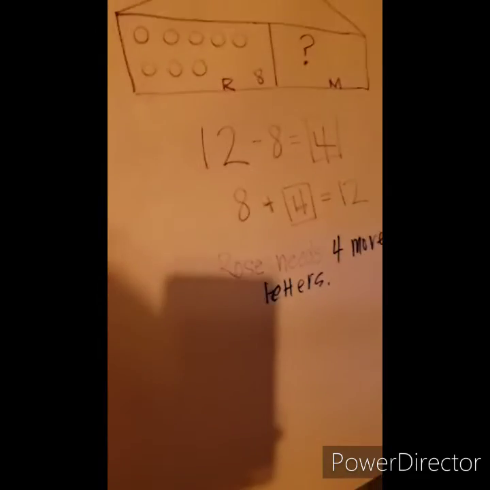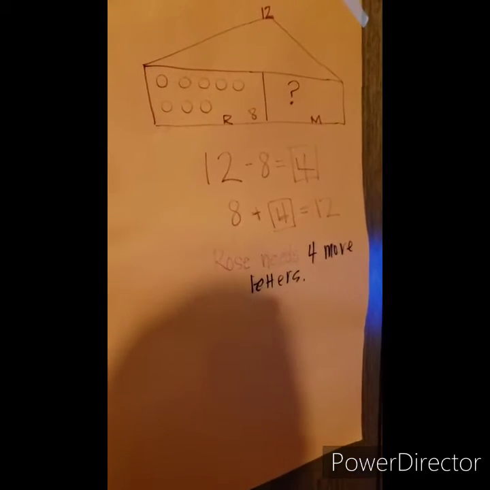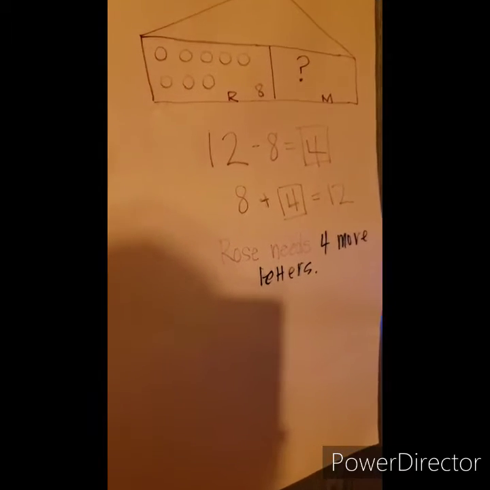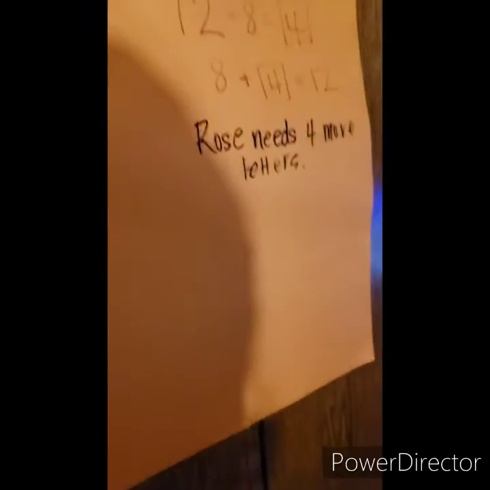All right. So I have my number sentence as well as my what? Statement. Let me go back right over this. So Rose needs 4 more letters. Okay. All right.